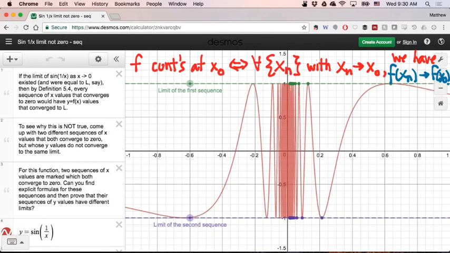So here's an example of a function which is not continuous at 0 because two different sequences, both of which converge to 0, have y values that do not converge to the same point. So for one of these sequences, the y values are converging to 1. For the other, the y values are converging to -1. And on the homework problem, I'm actually going to ask you to find specific formulas for these sequences that indicate why this happens.